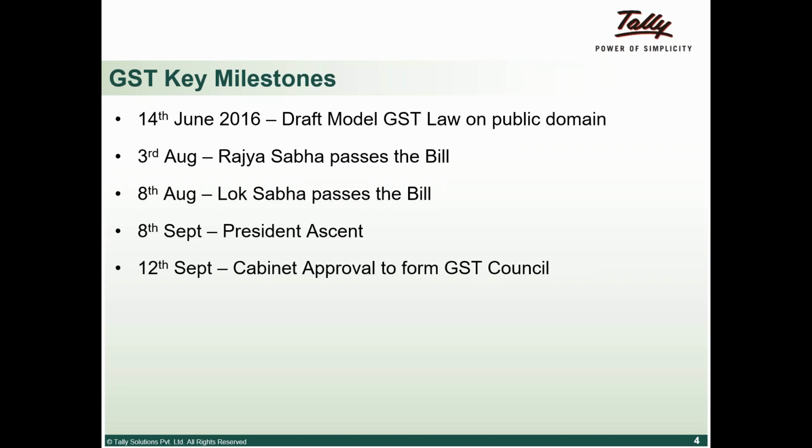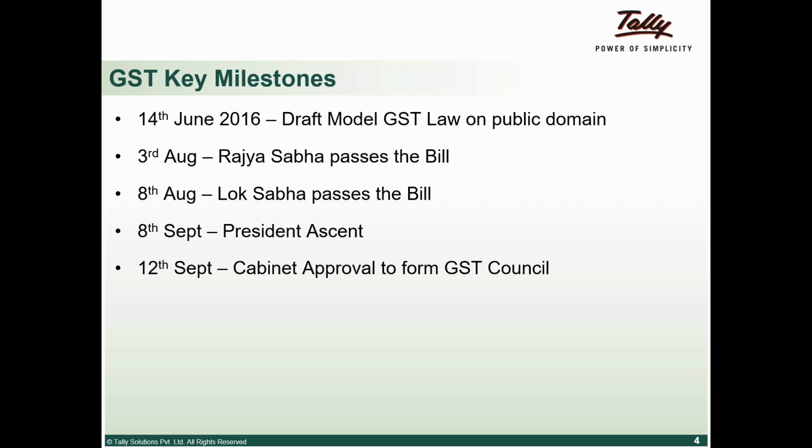Once this is done, on 12th September came the cabinet approval to form the GST Council. What is this GST Council? One major thing is going to happen now which has never happened, that's why we say that it is a major revolution in our tax reform. There was the central government, which administered the central taxation. There is the state government, which administered the state taxations, right?